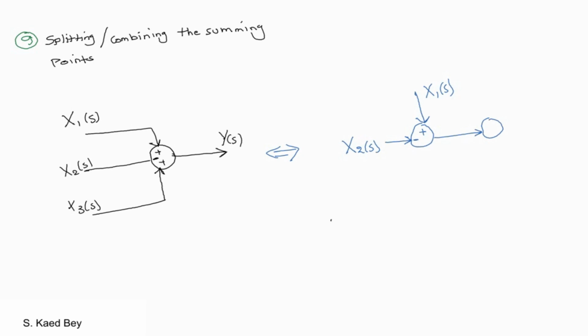A summing point having 3 inputs, for example, can be split into a configuration having 2 summing points, or 3 summing points can be combined to form a single summing point.